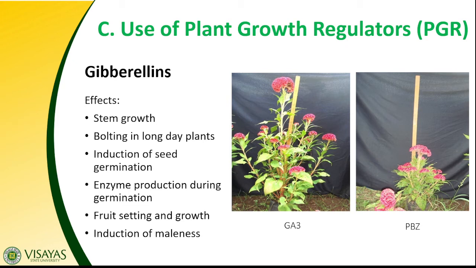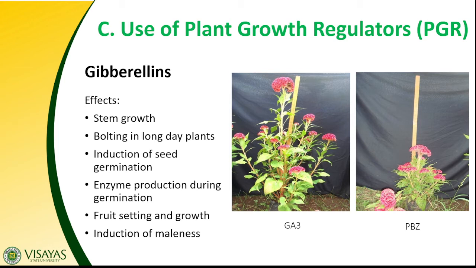And the picture at the side shows celosia plants, commonly called tapay-tapay, and this is a research of my high school advisee. So this plant here at the left is being applied with gibberellic acid, one of the gibberellins. There are more than 100 types of gibberellins, from GA1, GA2, GA3.